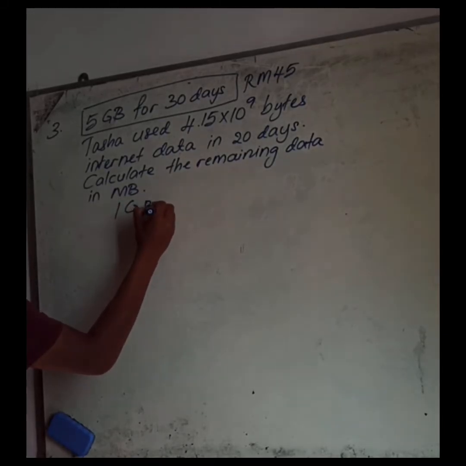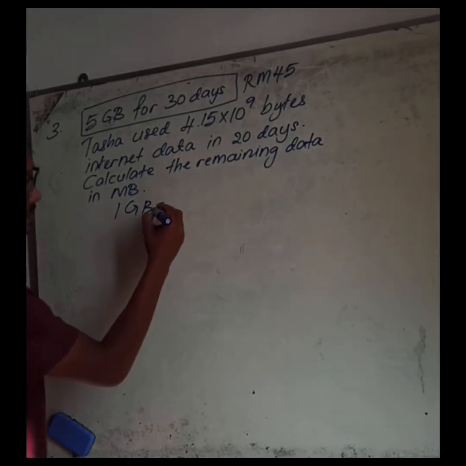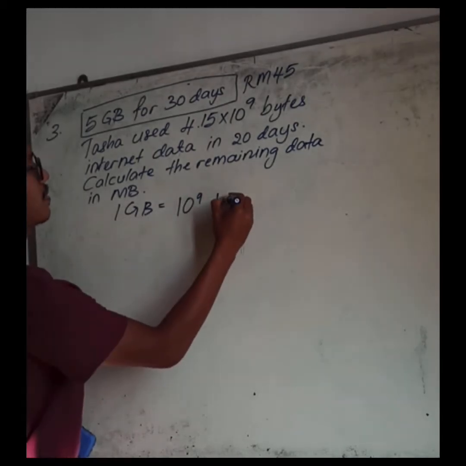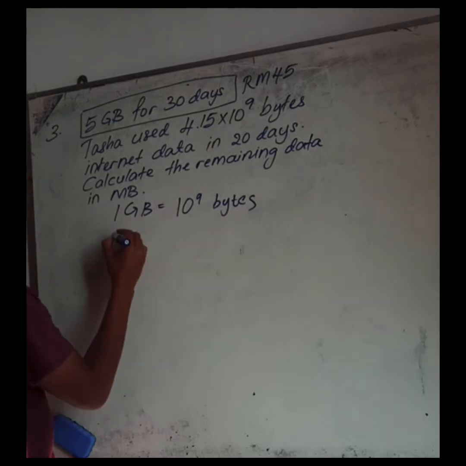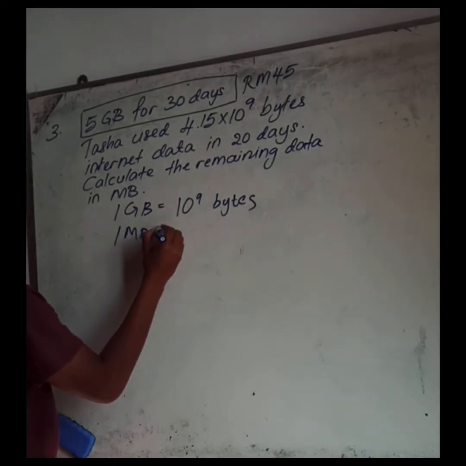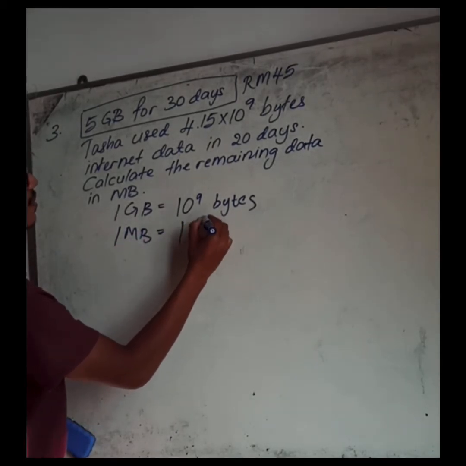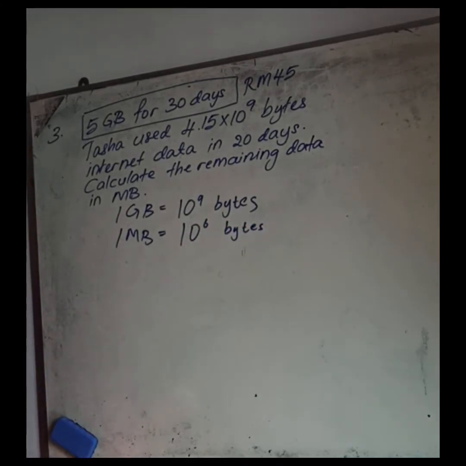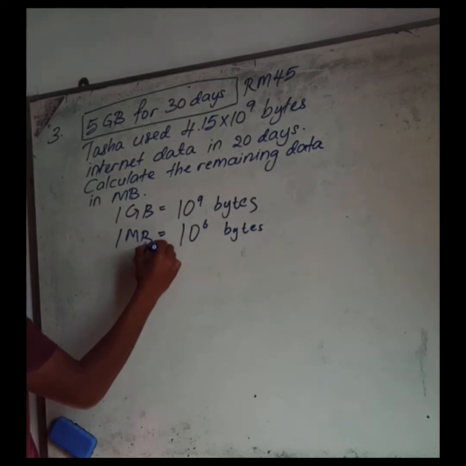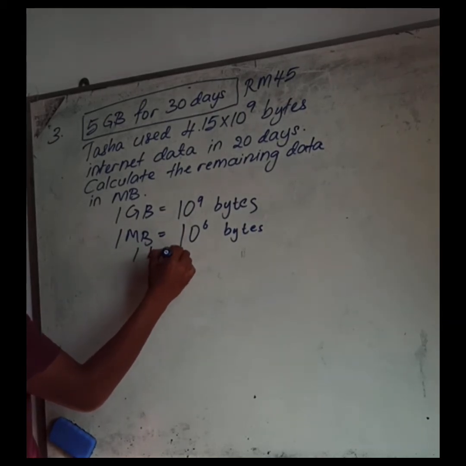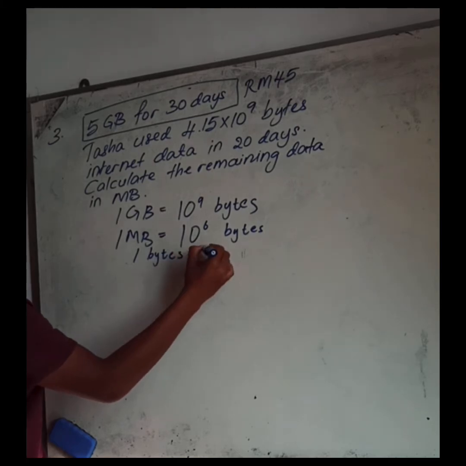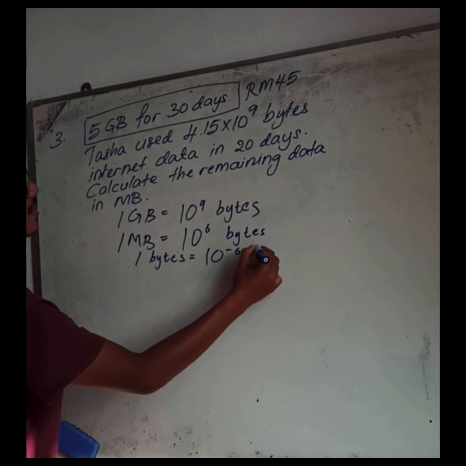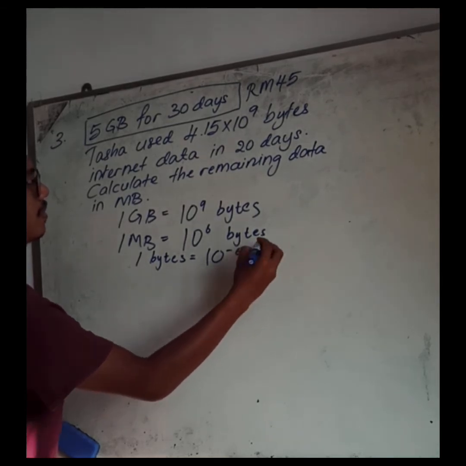1 gig is equal to 10 to the power of 9 bytes. 1 megabyte is equal to 10 to the power of 6 bytes. And 1 byte is equal to 10 to the power of -6 megabytes.